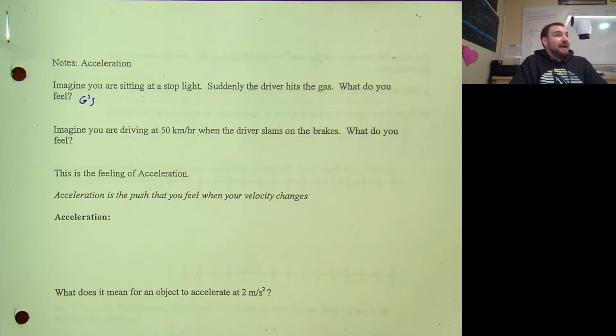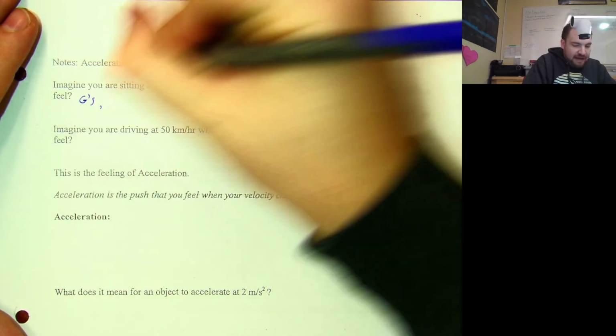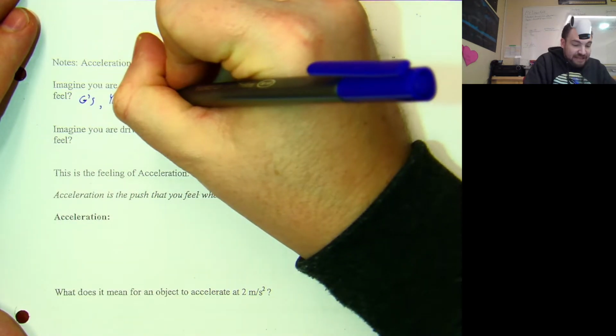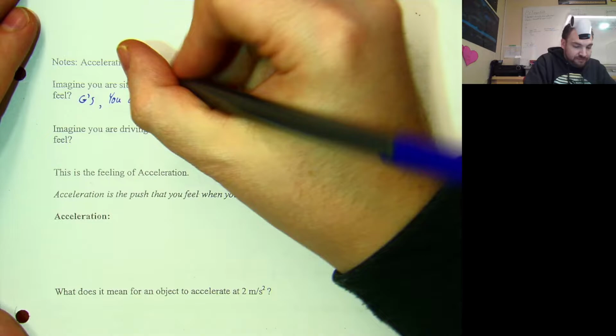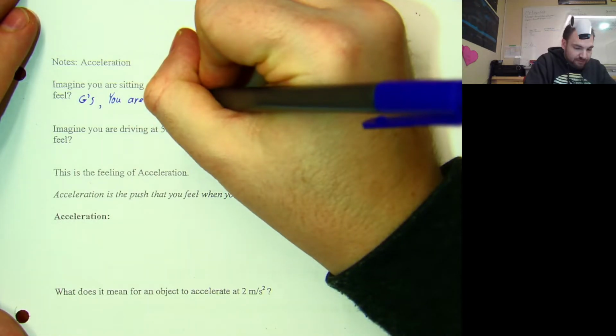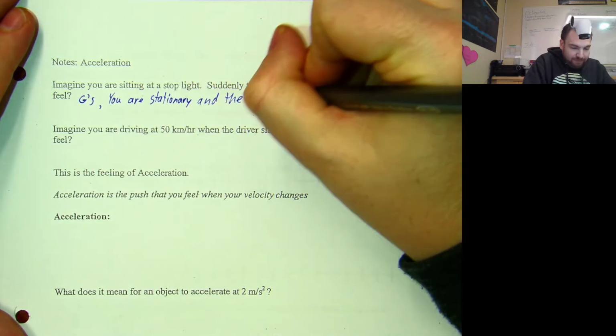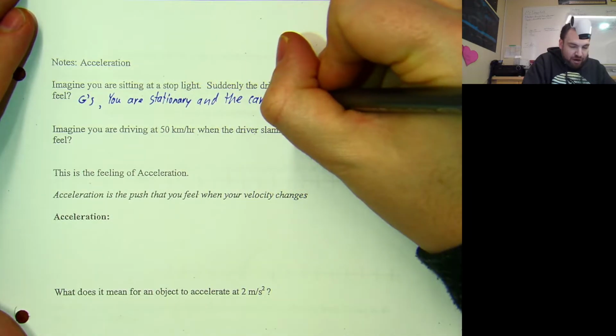But what's actually happening is a combination of what Khalil and Connor said. The idea that you are stationary in this particular example, and the car pushes forward around you.